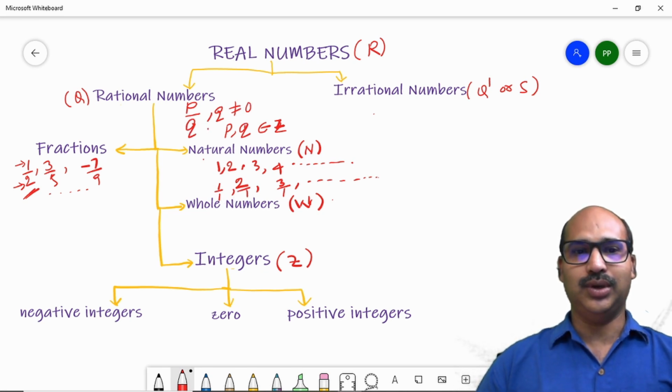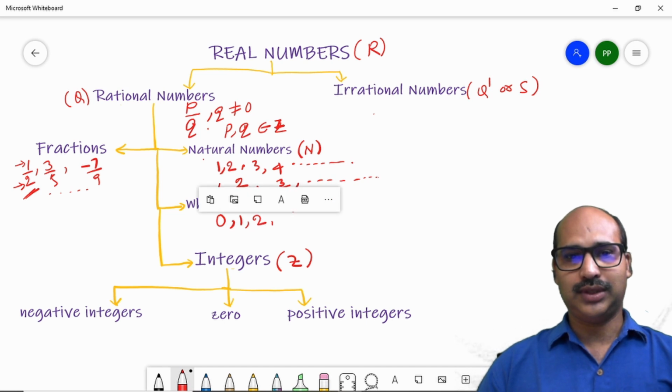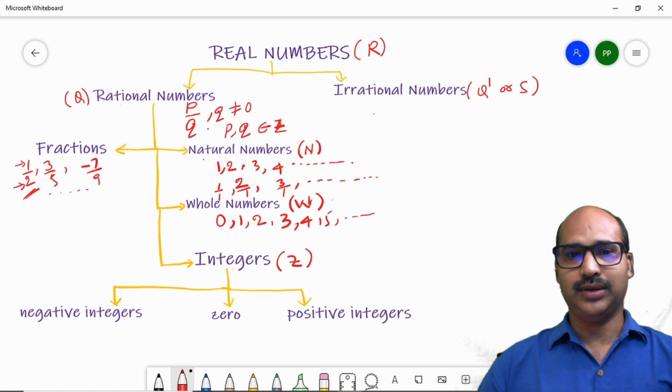Now what are the whole numbers? Whole numbers are nothing but 0 plus these natural numbers. So 0, 1, 2, 3, 4, 5, and so on. These are all whole numbers. These also satisfy the P by Q condition. Same as natural numbers, we can write 0 as 0 by 1, 1 as 1 by 1, 2 as 2 by 1, and so on.